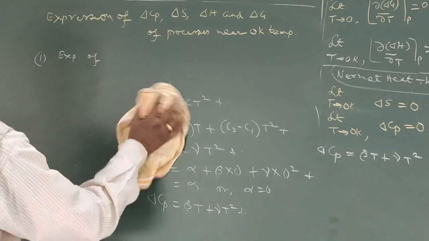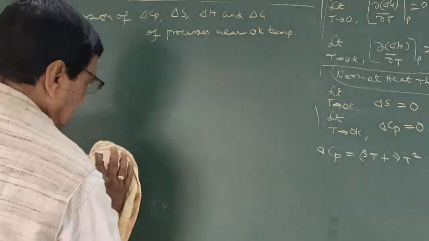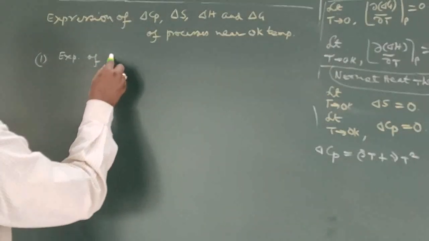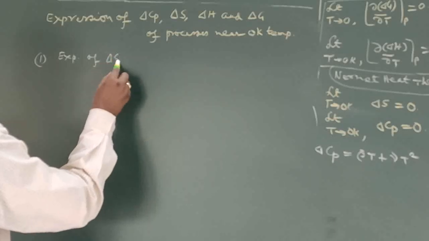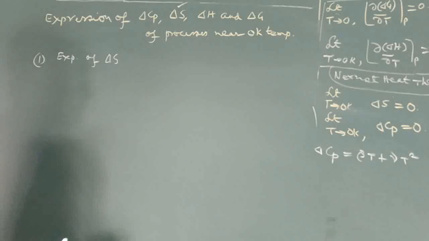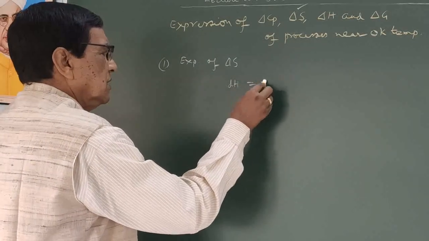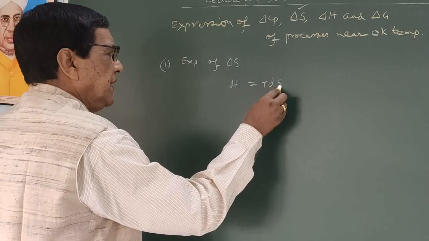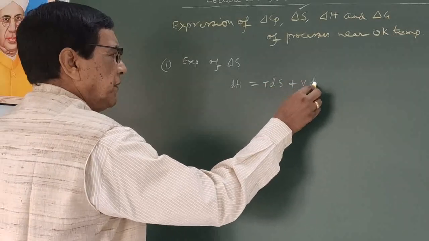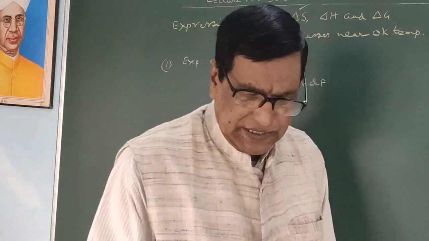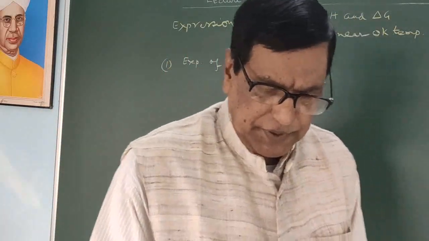Now another expression, of del S. We use this basic equation, dH equal to TdS plus Vdp.